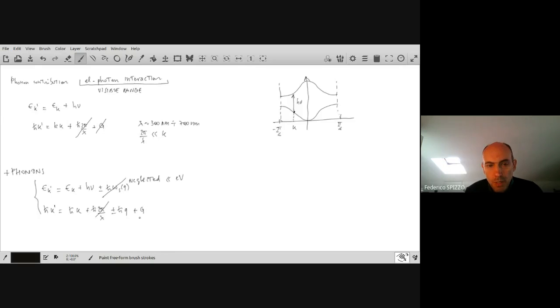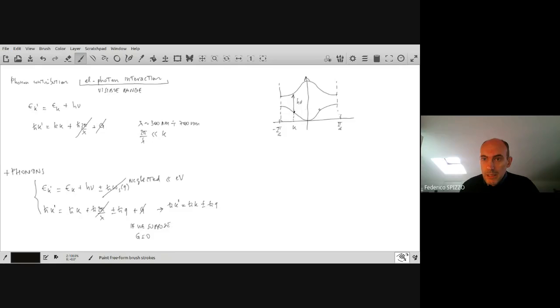But if just for simplicity we suppose that we have G equal to 0, so normal processes, then h bar k prime is equal to h bar k plus or minus h bar q.